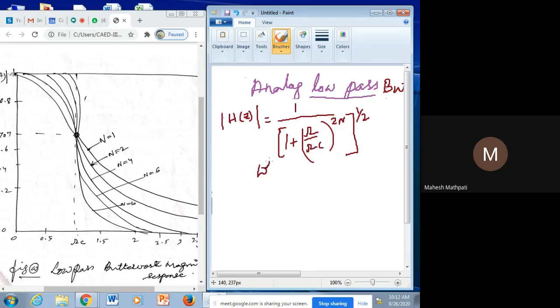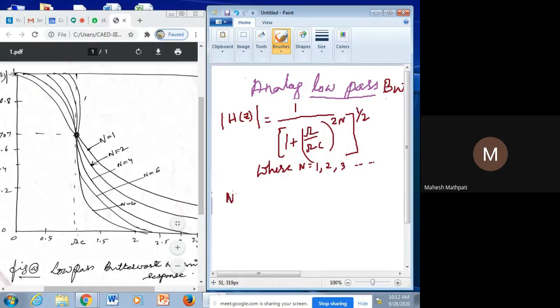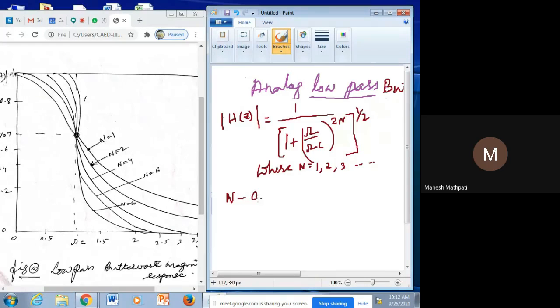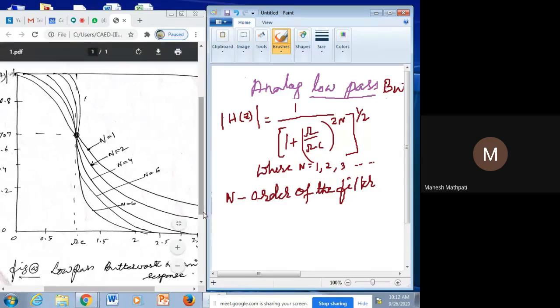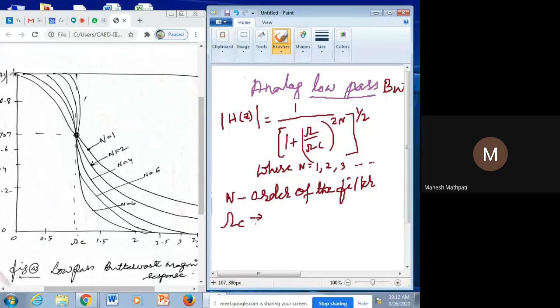n is equal to 1, 2, 3 and so on, where this n we are writing as the order of the filter, and omega c we are writing as, what is omega c here?